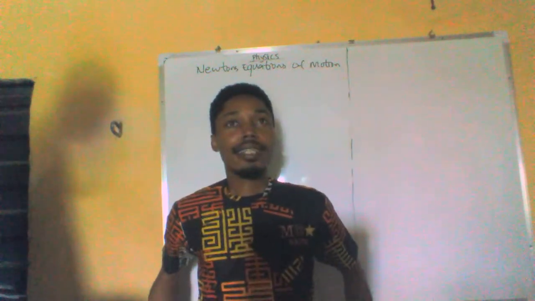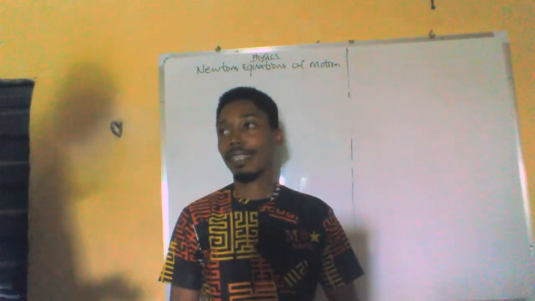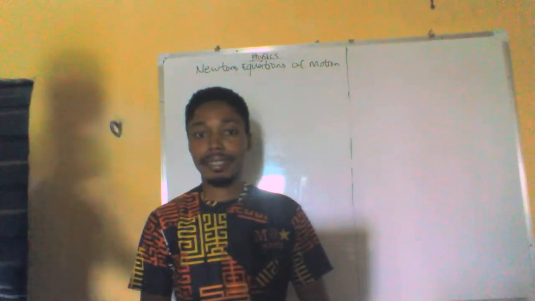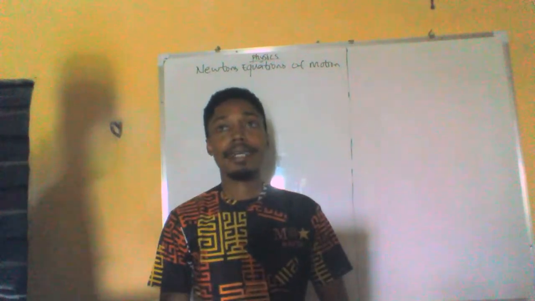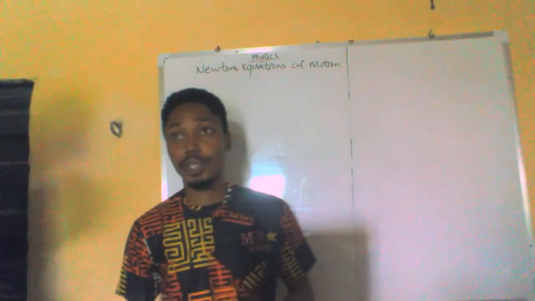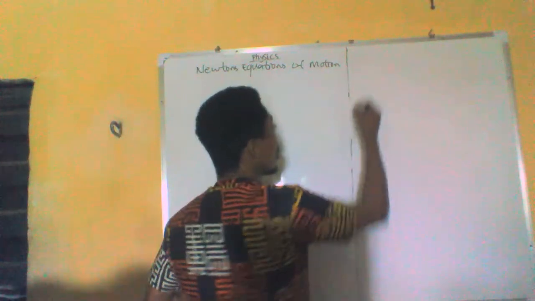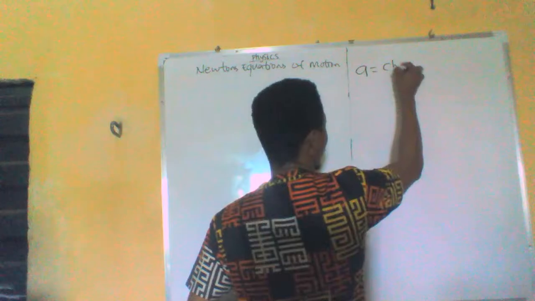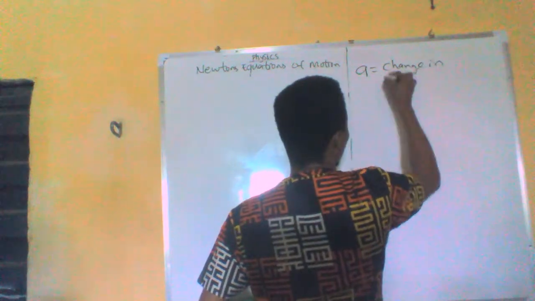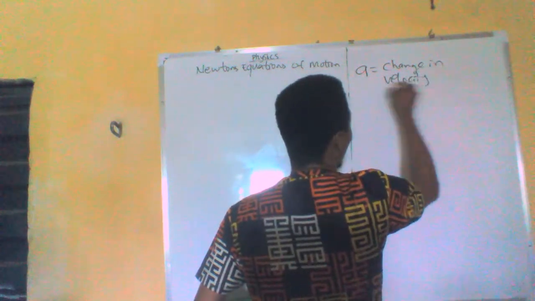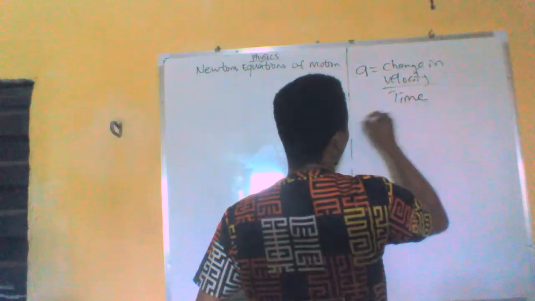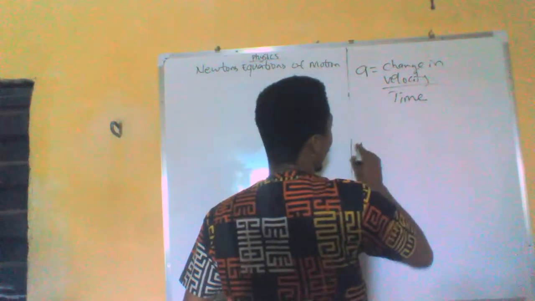The first equation of motion, which says that V equals U plus AT, as you all know, is from the fact that acceleration is change in velocity over time.